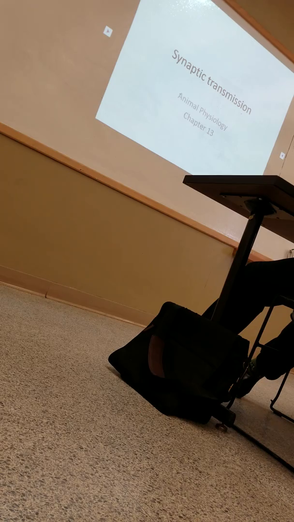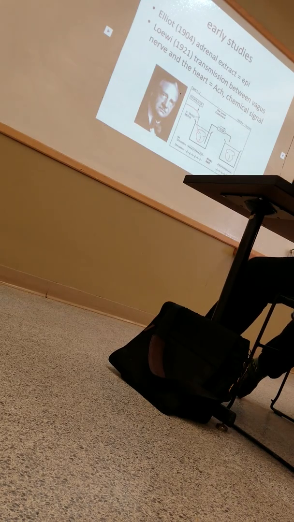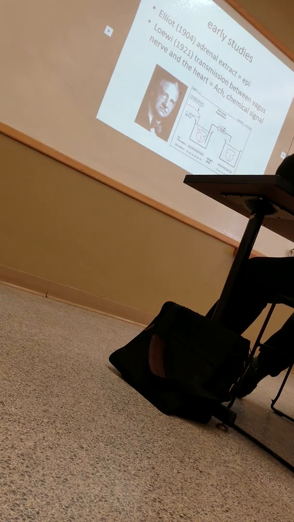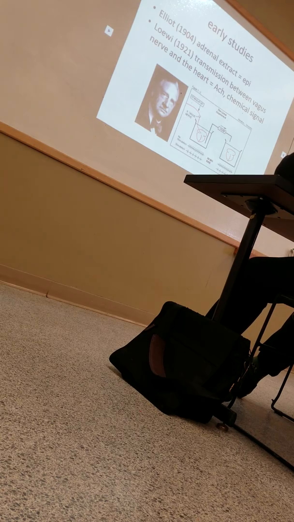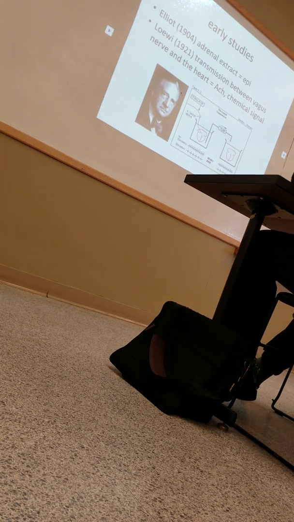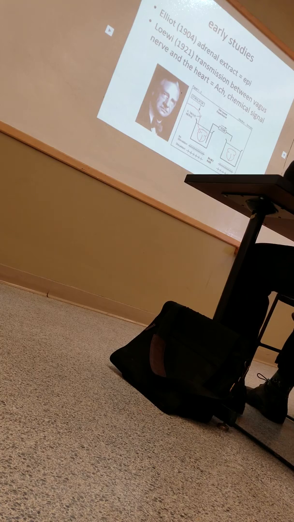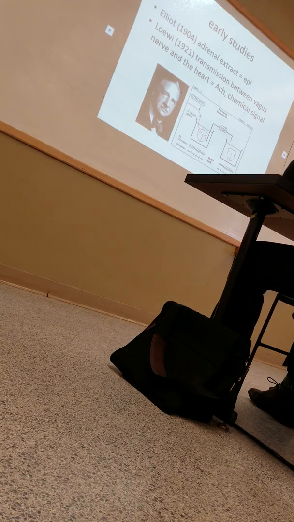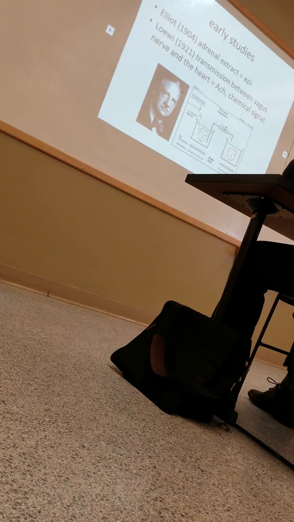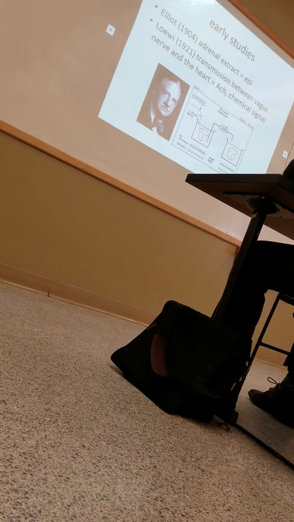So synaptic transmission, new chapter 13. The history of it is, I think, really interesting. How did you figure out that you have a chemical diffusing across the synapse? At first it was thought, we use this electrical spark.